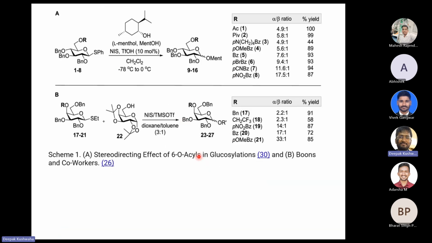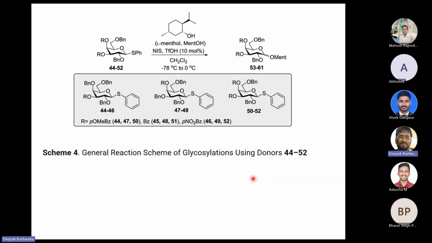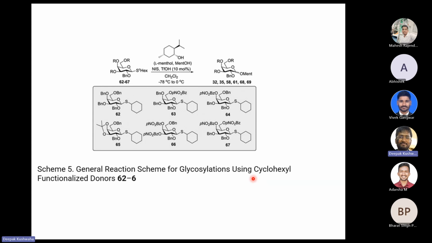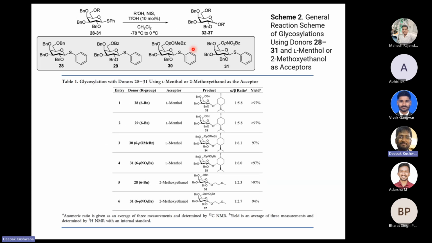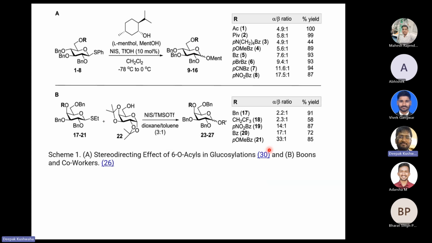So to resolve that issue, they have used the L-methanol acceptor. Indirectly, this paper is claiming that whatever result Boons' group has got, there is a possibility that the acceptor they used has some role, playing more of a role towards the selectivity they got.